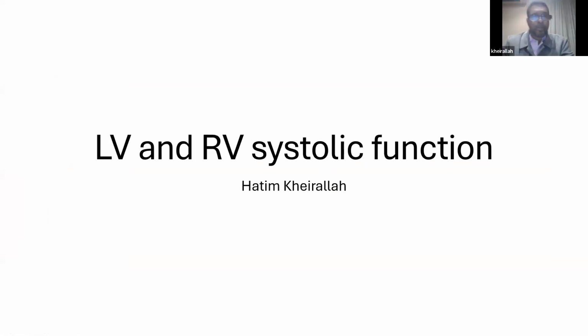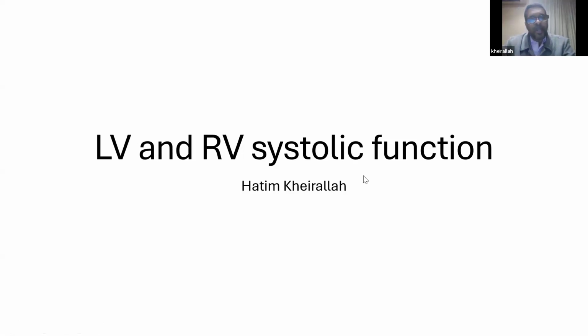Good. So today, like we said, we have started already in the echo block. We started with the introduction last week, and this is going to be the second session in the echo block. It's going to be about LV and RV systolic function. The diastolic function is going to be in a separate session.